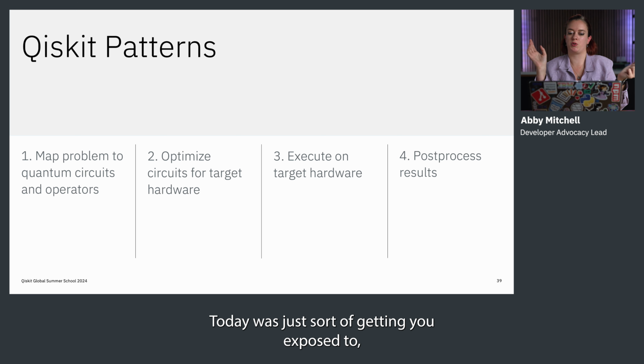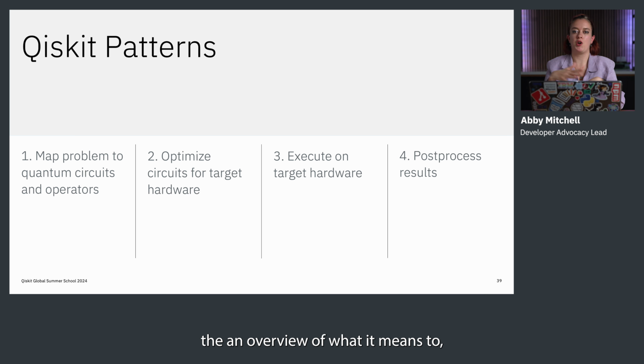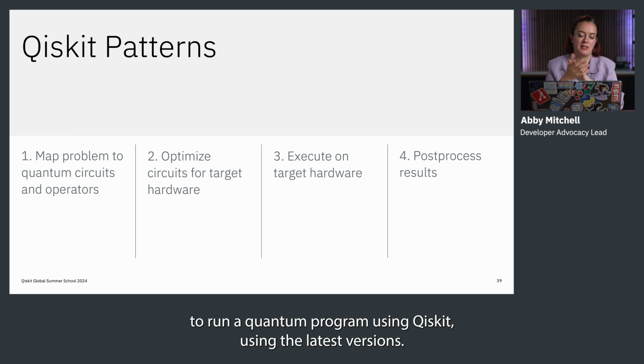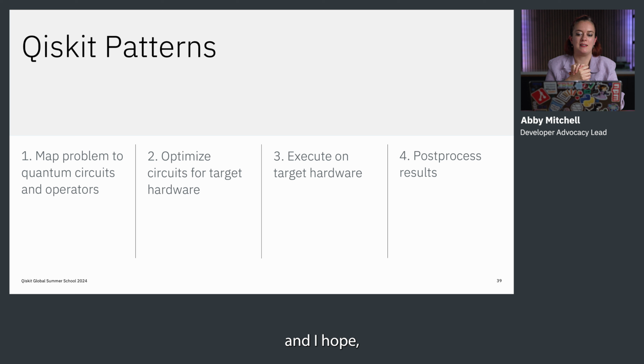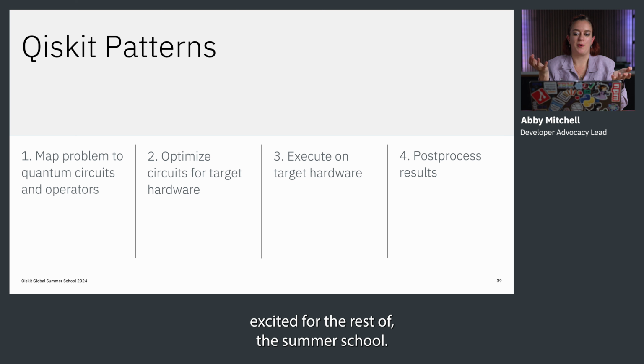Today was just getting you exposed to an overview of what it means to run a quantum program using Qiskit, using the latest versions. And I hope you enjoyed this lecture and are excited for the rest of the summer school.